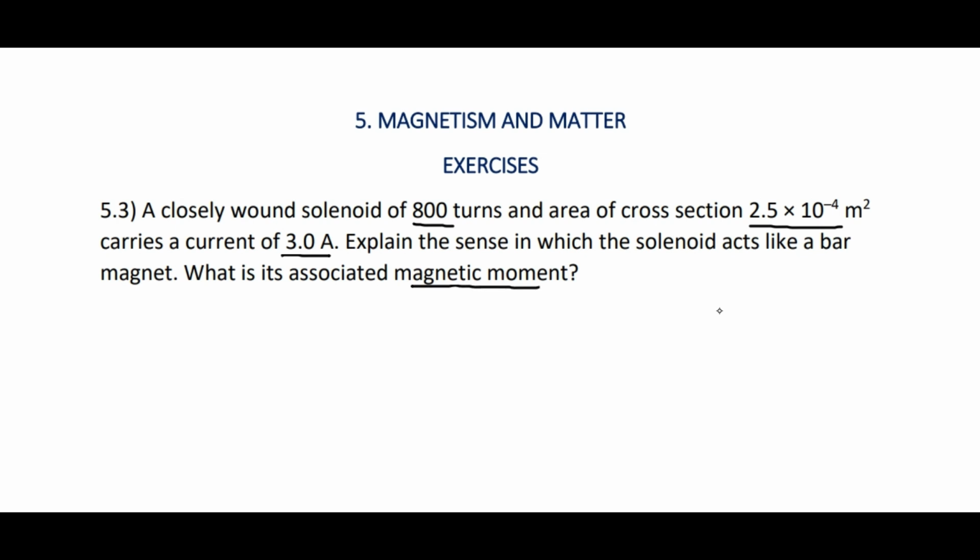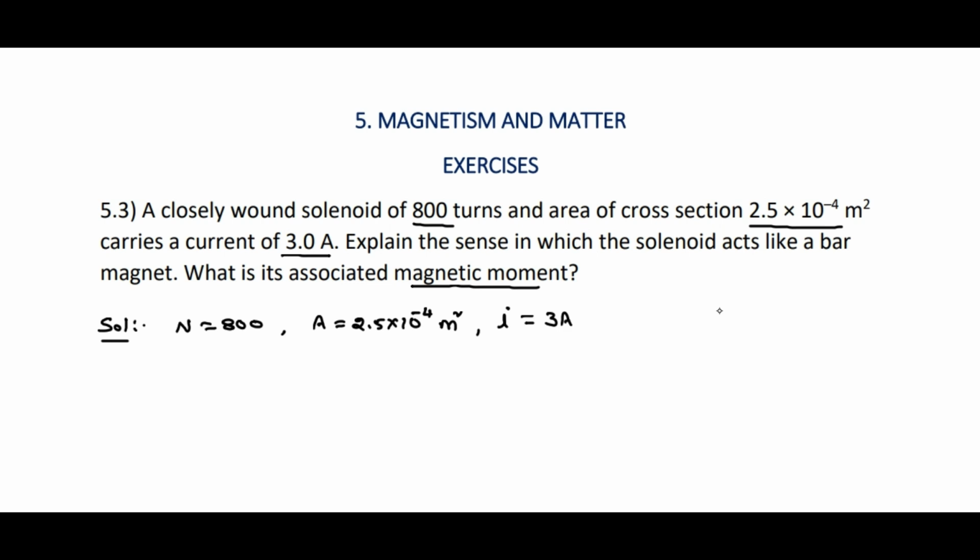Here two sub-questions are there. First of all, the given values: the number of turns is 800, the area of cross section A is equal to 2.5 into 10 power minus 4 meter square and the current value is 3 ampere.